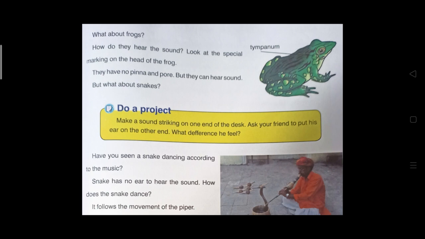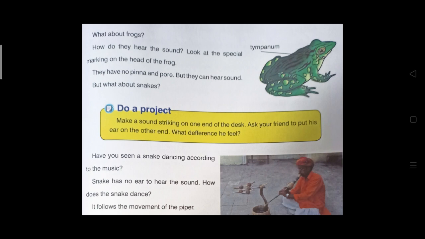Okay, now we can discuss how the snake can hear the sound. Actually, the snake does not have any ear to hear the sound. Then how does the snake dance? Have you seen a snake dancing according to the music somebody has played? Somebody means a trained person.